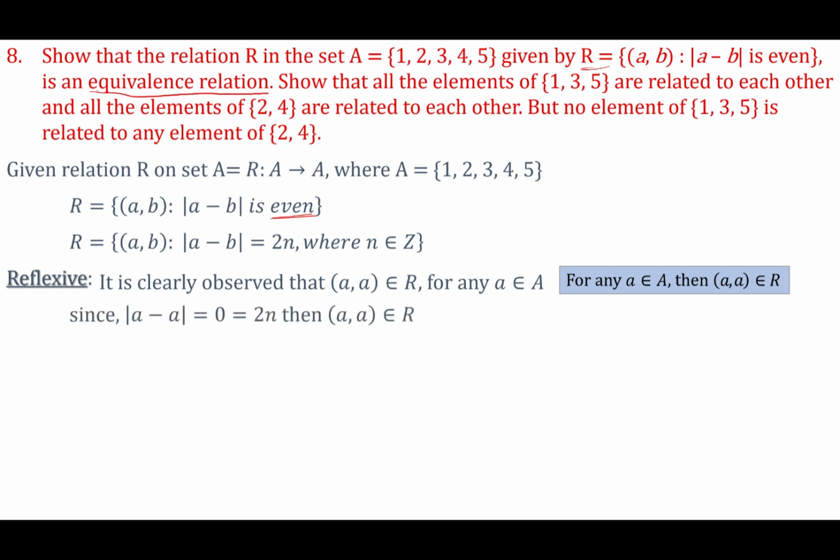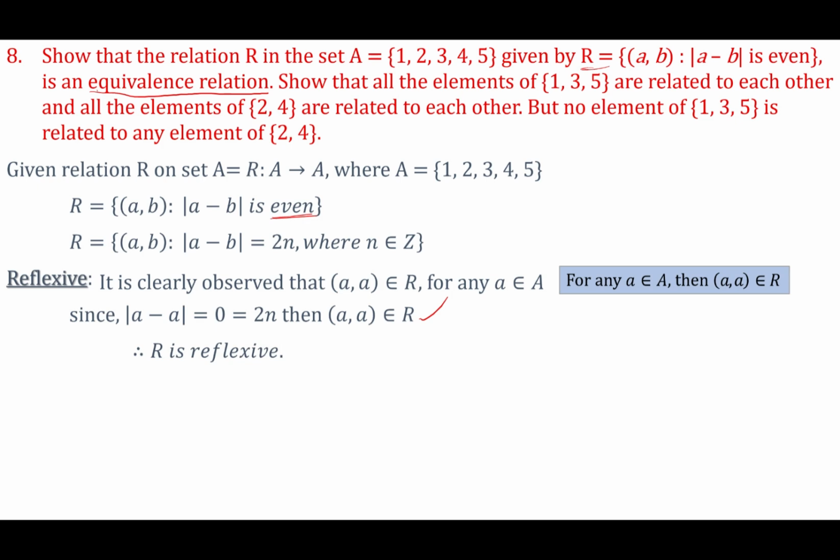Since |a - a| is equal to 0, and 0 is an even number and a multiple of 2, (a, a) belongs to R. So the relation is reflexive.